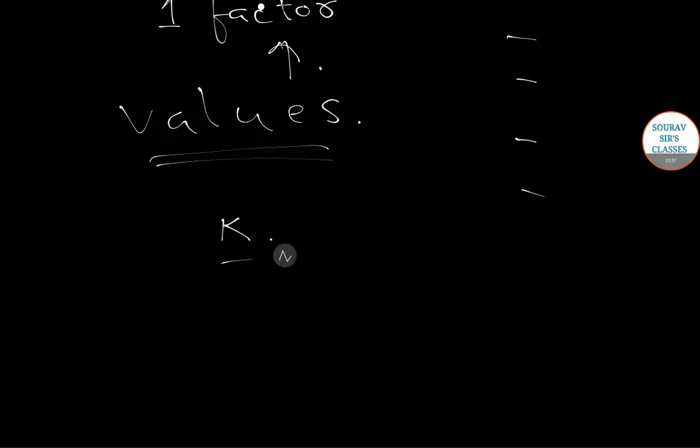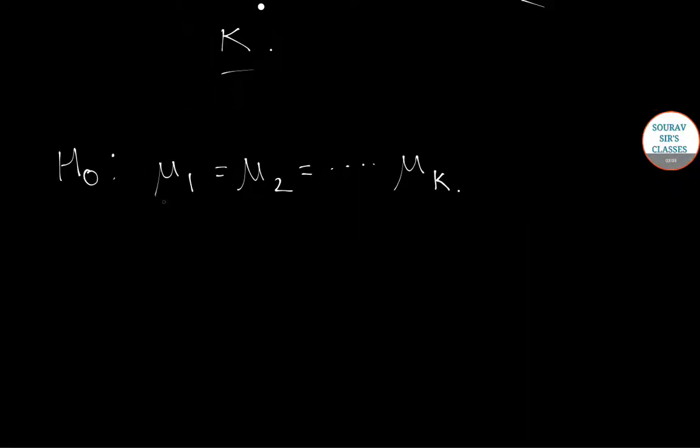Then the null hypothesis of this one-way Anova can be given as H0: μ1 is equal to μ2 is equal to so on to μk. That is, the populations of all the samples have the same mean.